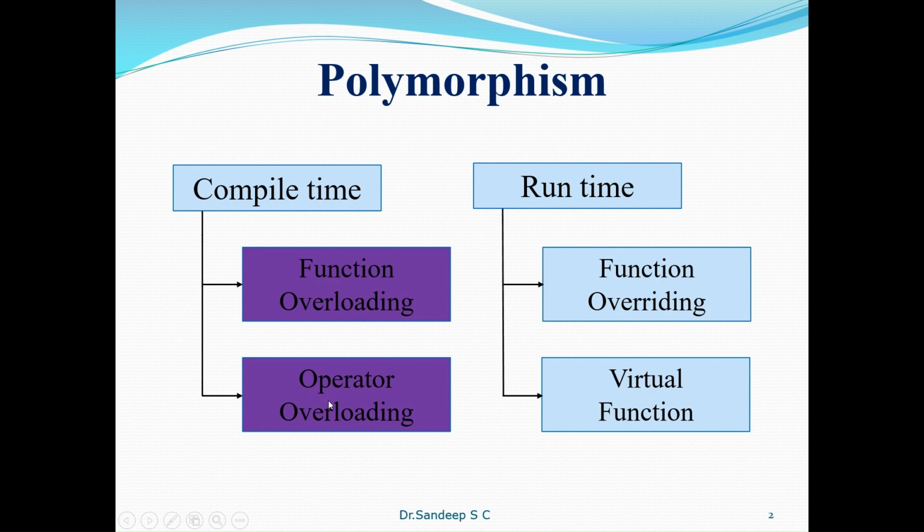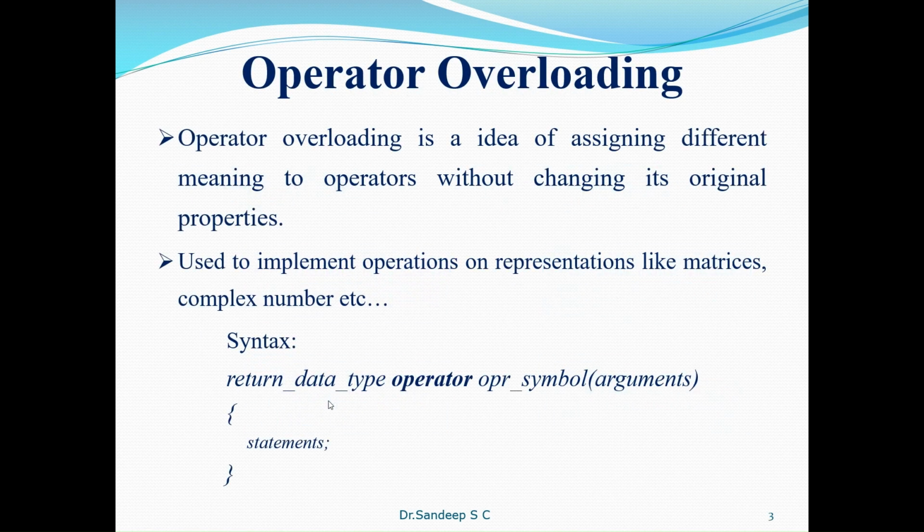Okay, fine. So what is operator overloading? Operator overloading is an idea of assigning a different meaning to operators without changing their original properties. That means if we have some operator, we want that operator to operate in a different form, but at the same time we are not changing its original property.